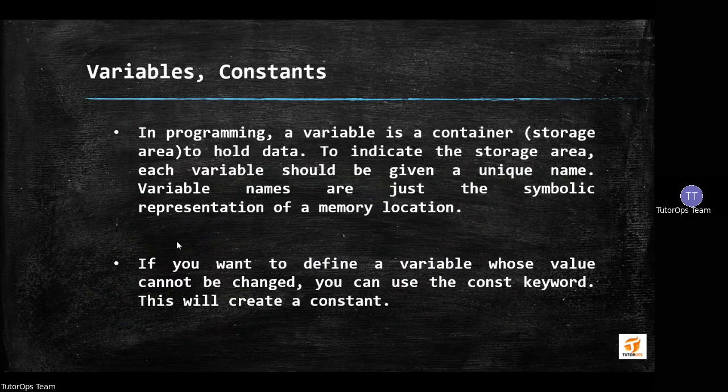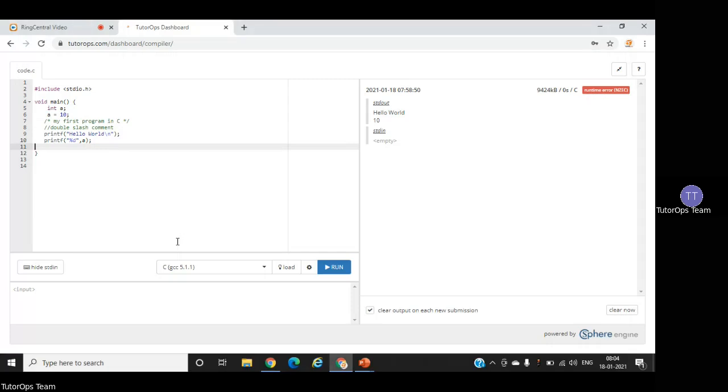So if you want to define a variable whose value cannot be changed, you can use the const keyword. This will create a constant. Suppose you want to create a variable at the beginning of your program, and you want to define the value of that variable as a hardcoded 10. Suppose it is a hardcoded constant value, then you have to declare it like const int a = 10, like this.